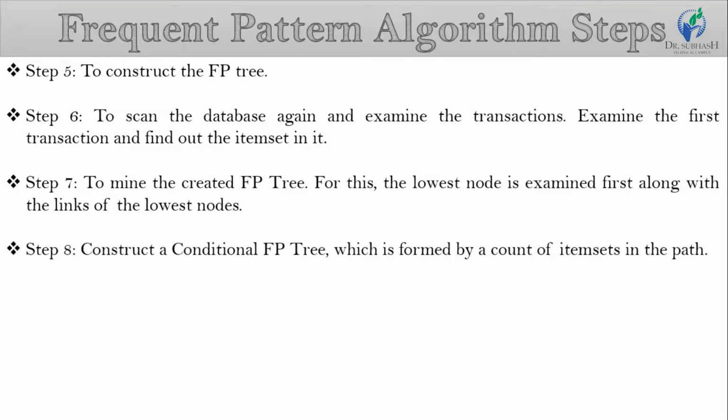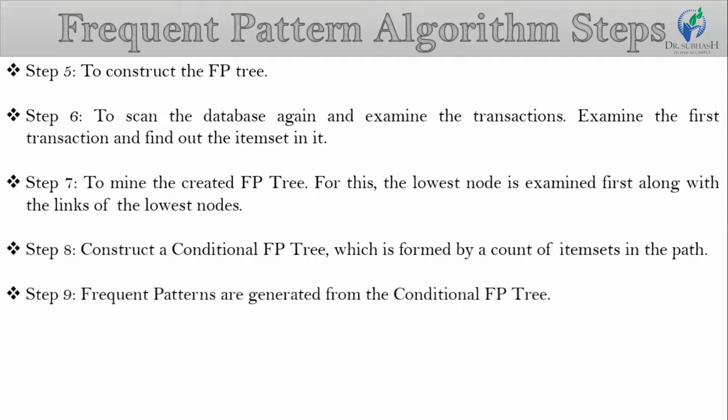The item sets that meet the threshold support are considered in the conditional FP tree. The next step is that frequent patterns are generated from the conditional FP tree. So this way the FP tree algorithm works.